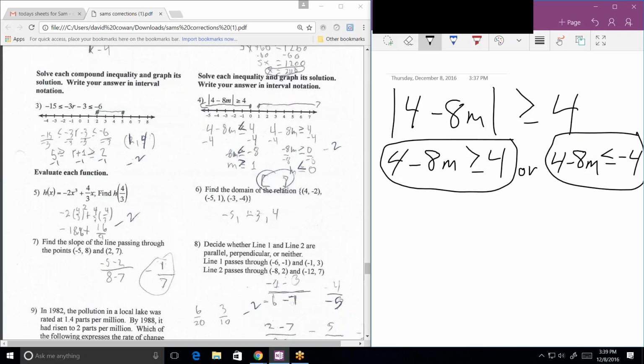So let's solve for those vertically. It's the first thing you do. In other words, now I'm going to go down. So you got to get m by itself. Got to isolate m.